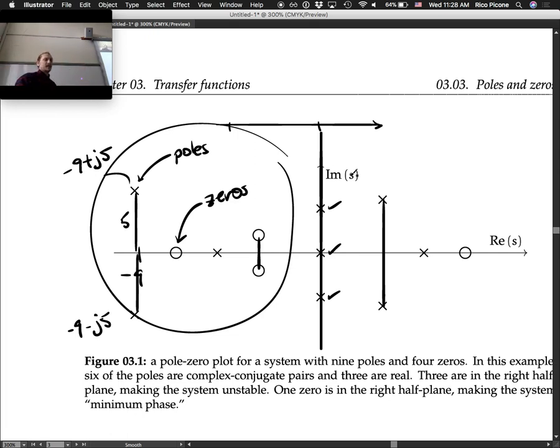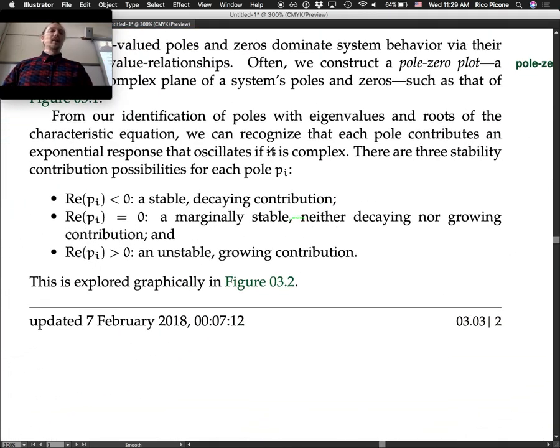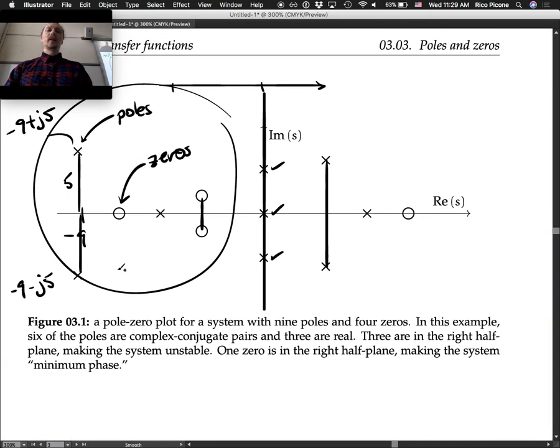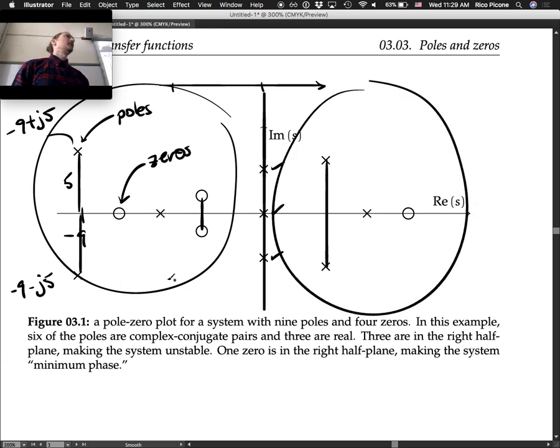And then the last case is when the real part is greater than 0, which is to say an unstable or growing contribution. So anything in the right half plane contributes that. So this guy right here, this guy right here, and this guy right here contribute that. This is only the poles that matter. Having a 0 in the right half plane, like we do here, has its own contribution to the system, but it's not instability.